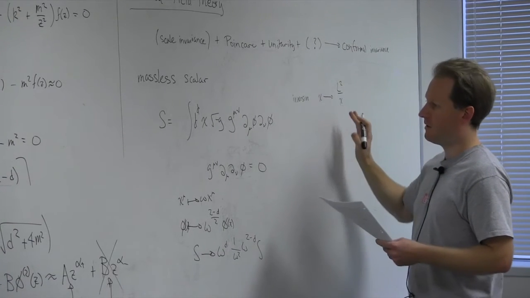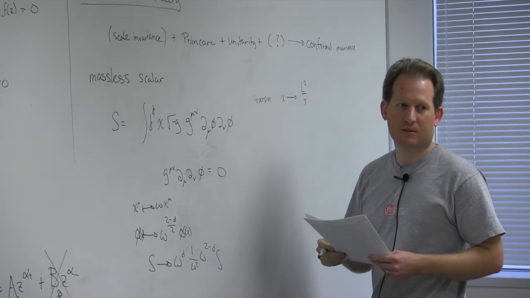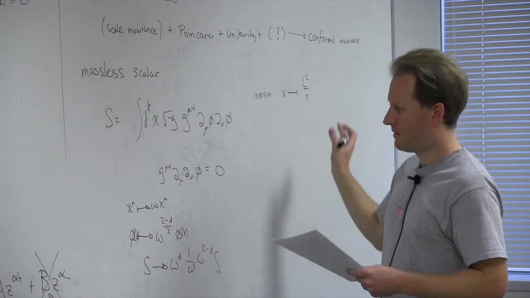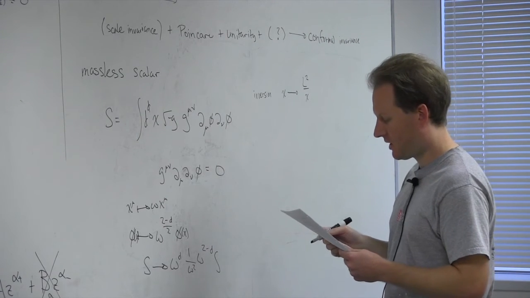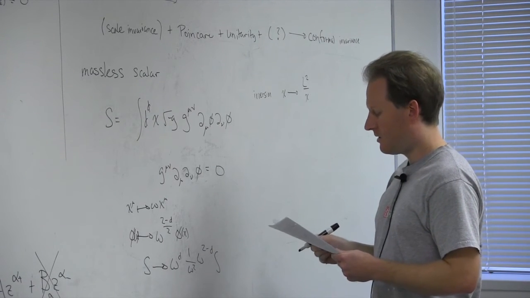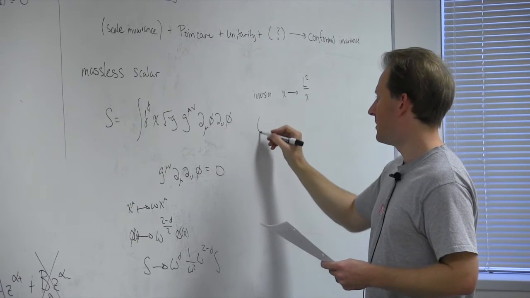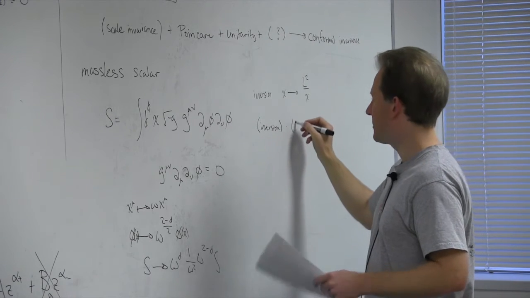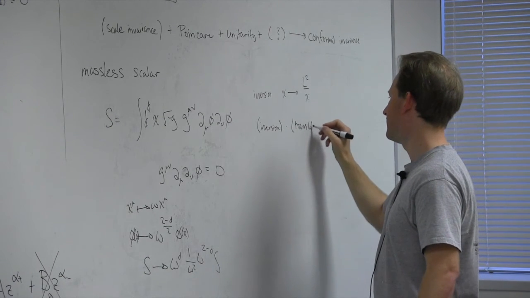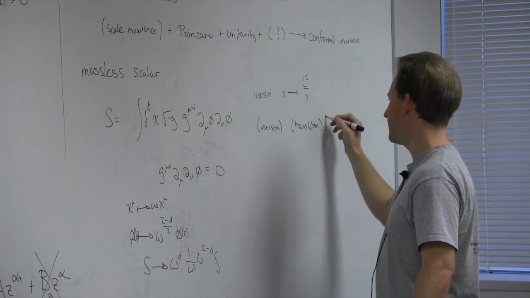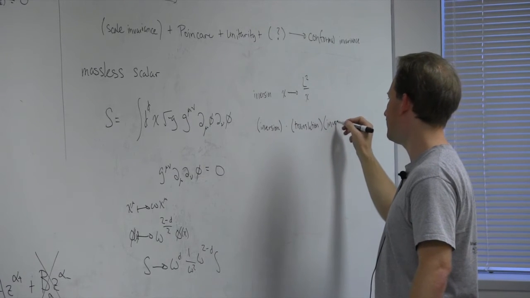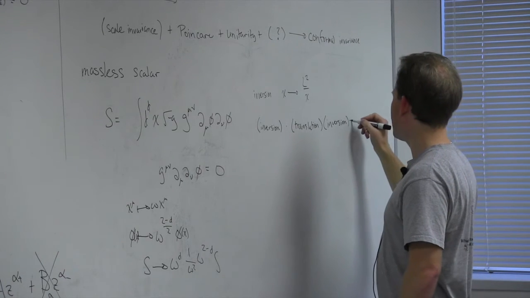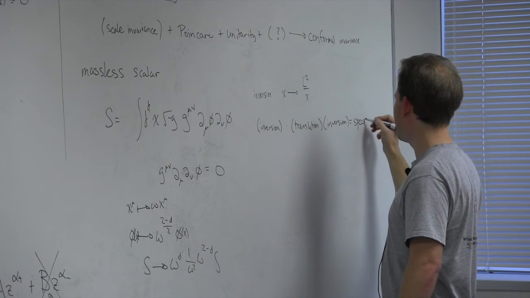There's not any infinitesimal form of this transformation because it's not connected to the identity. But this is also a symmetry of this action. What we can do is an inversion followed by an infinitesimal translation, and then do another inversion. And this is what's called a special conformal transformation.